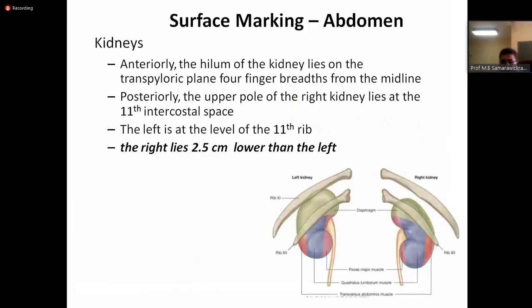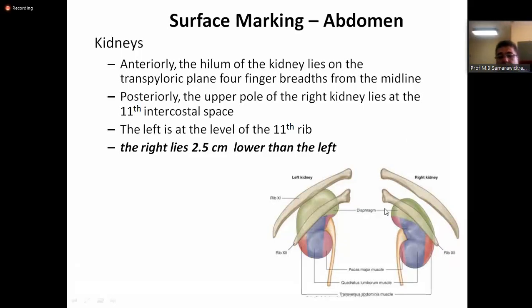The kidneys lie on either side of the vertebral column, in the paravertebral gutters, and the hilum corresponds to the transpyloric plane. But remember, the left one lies a little lower.